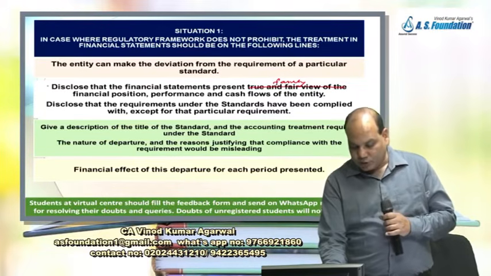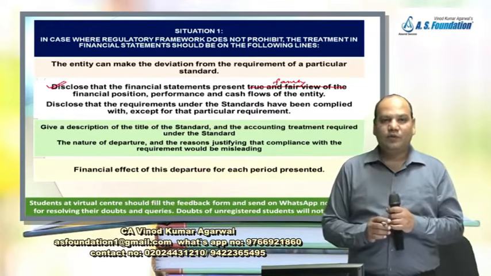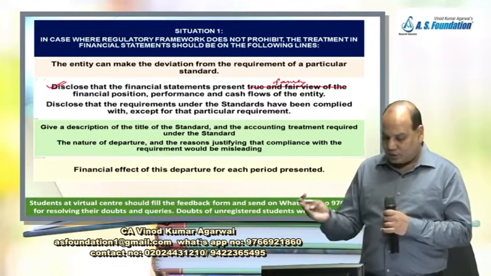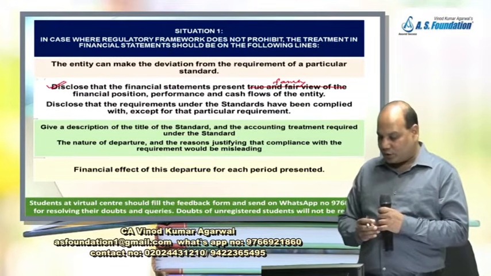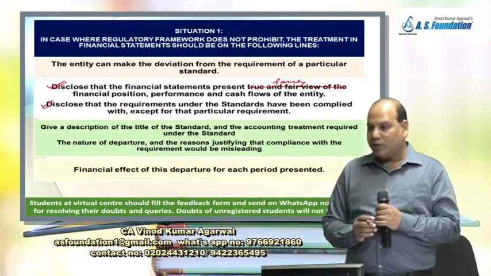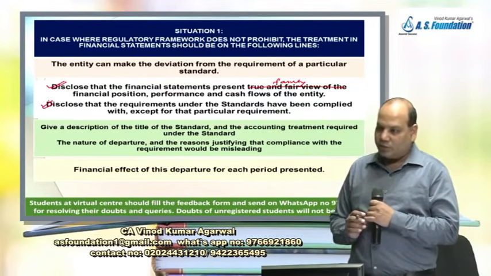So you have to make a specific disclosure that the financial statements, in spite of the deviation, give a fair presentation of the same three items: financial position, performance and cash flow. Disclose that the requirements under the standards have been complied with except for that particular requirement.